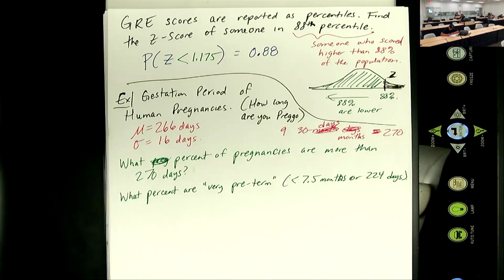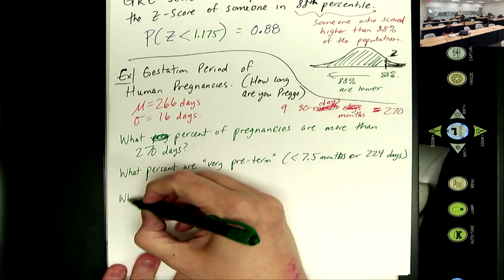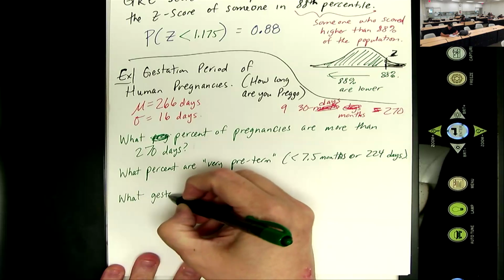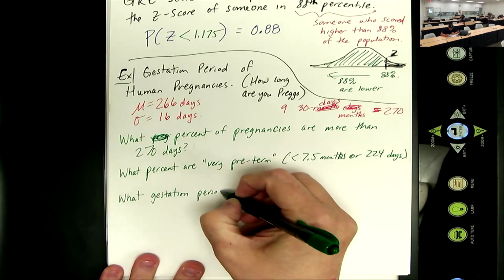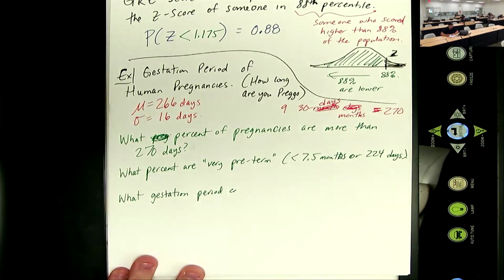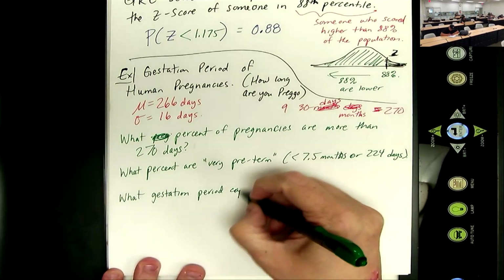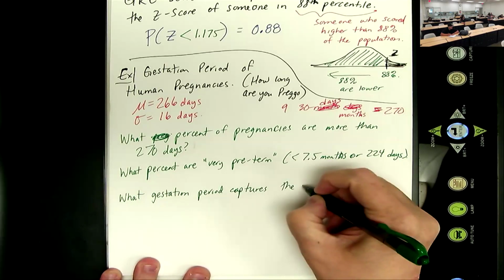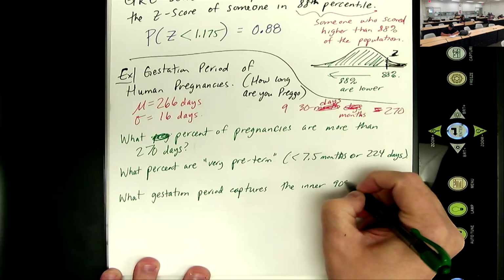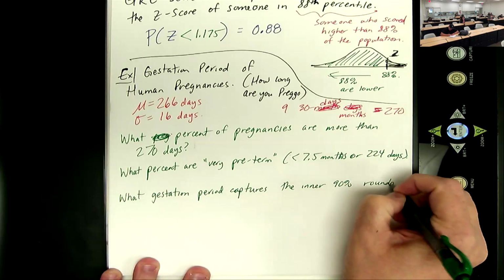We'll take a look at these in the calculator in a second. And finally, what gestation period captures the inner 90%, rounded to the nearest day?